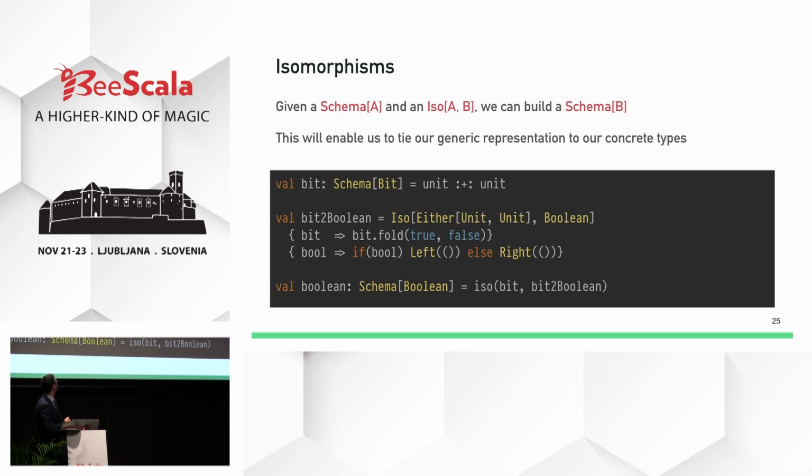I could decide that left would be true and right would be false, and so when I get a bit, or either unit, I fold it to get a Boolean, and then when I get a Boolean, I decide if it's true, I return left, if it's false, I return a right unit. So that's it. Now I have everything I need to build a schema for my concrete ADTs.